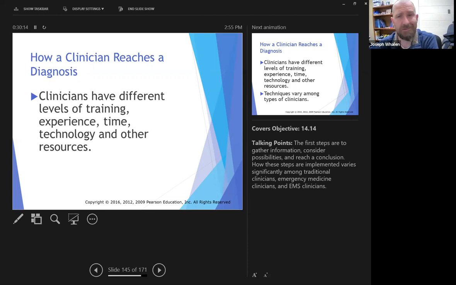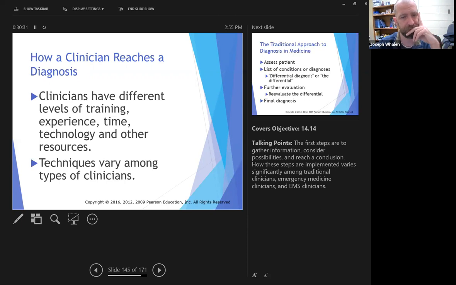Some doctors and clinicians think it's a final diagnosis. We may not be able to quite get there because we don't have the tools, the time, and the technology that doctors in hospitals will have. But we can still make that field diagnosis, which is important to do.